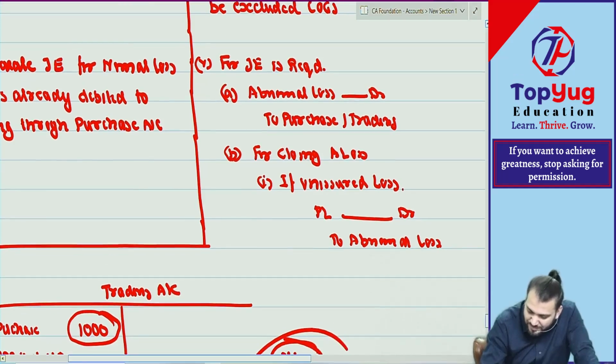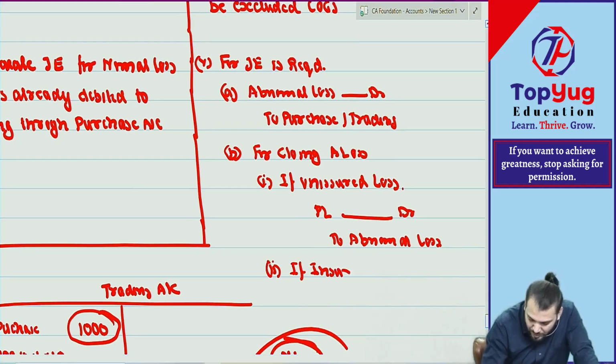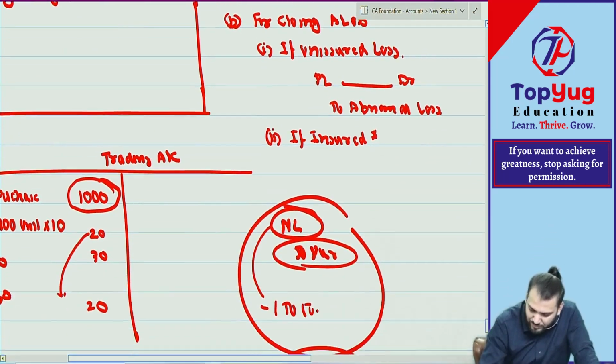You have space, I don't have space. If you don't have space, give a star mark and write down below.